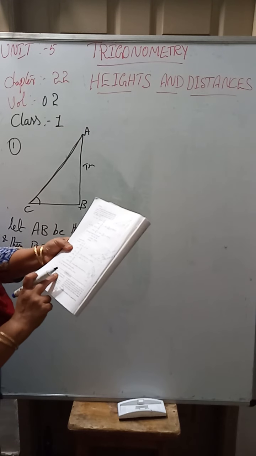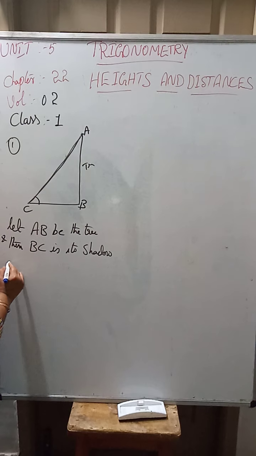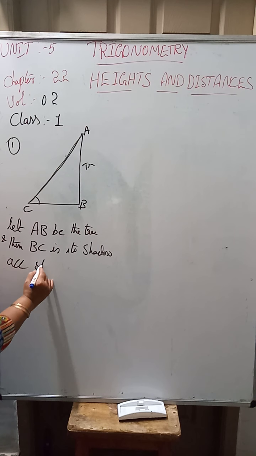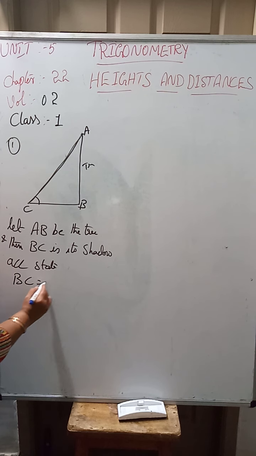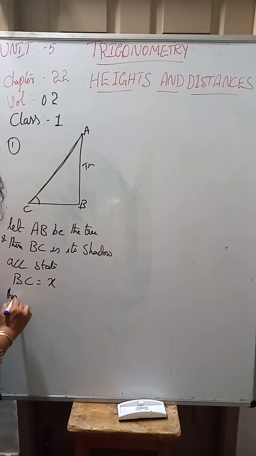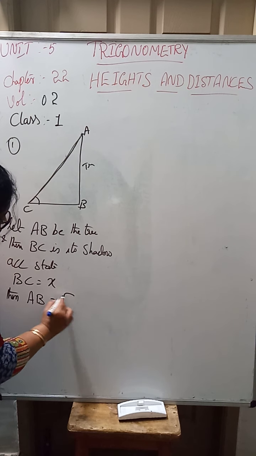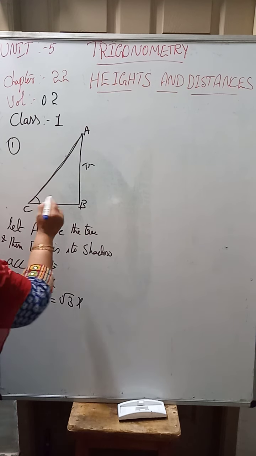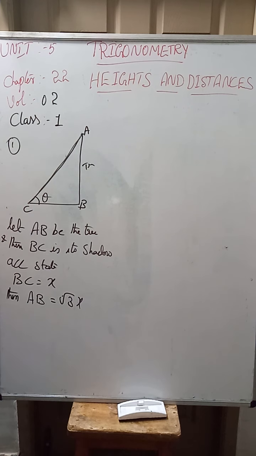The height of the tree is root 3 times the length of its shadow. So according to the statement, if BC is equal to x, then AB will be equal to root 3x. And let this angle of elevation be theta. This is the thing we have to find.